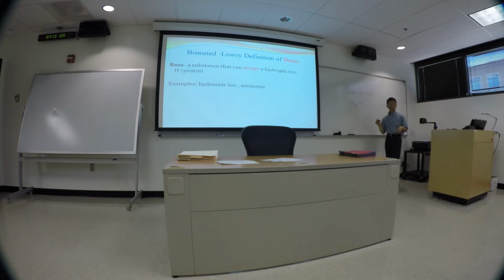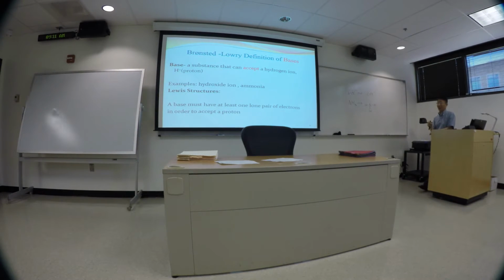If you draw a Lewis structure for ammonia, you have a lone pair on the atom with high electronegativity value. So the key here, in order for something to qualify as a Bronsted-Lowry base, a Lewis structure indicates a base must have at least one lone pair of electrons in order to accept the proton.